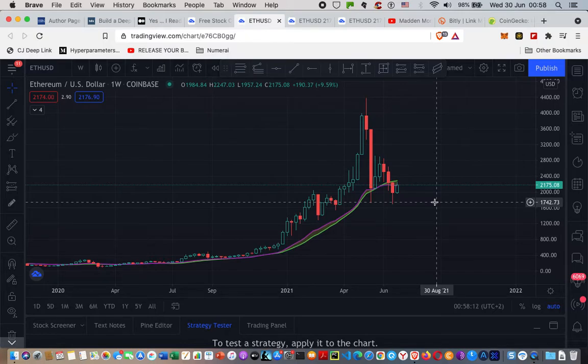With Bitcoin, you could see such wide disparity. If you've not seen that, please watch the recent Bitcoin analysis, and then you'll be able to see what I'm talking about. You see how far the price action is from the 21 exponential weekly moving average, as well as the 20 weekly simple moving average.